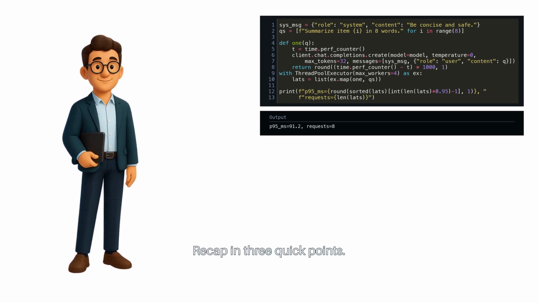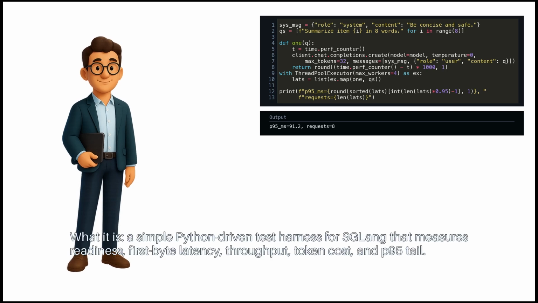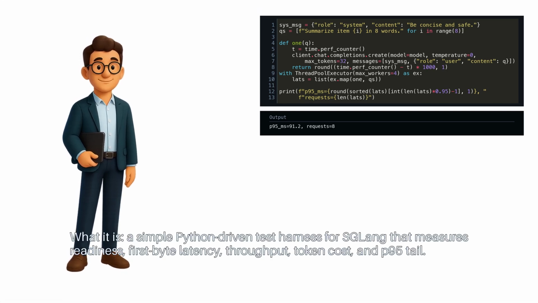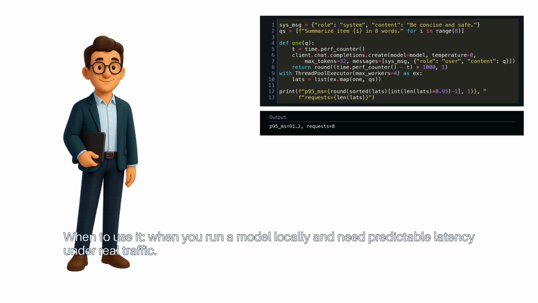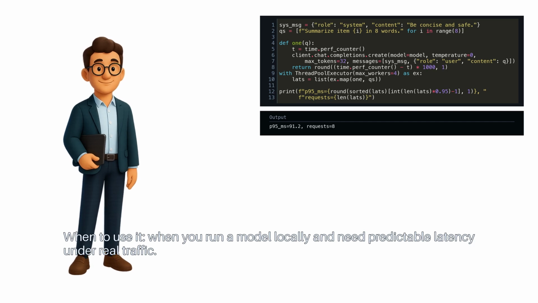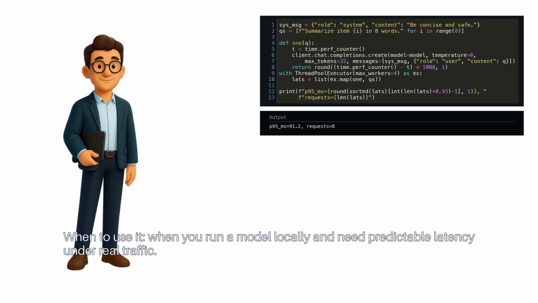Recap in 3 quick points. What it is: a simple Python-driven test harness for SGLang that measures readiness, first byte latency, throughput, token cost, and P95 tail. When to use it: when you run a model locally and need predictable latency under real traffic.